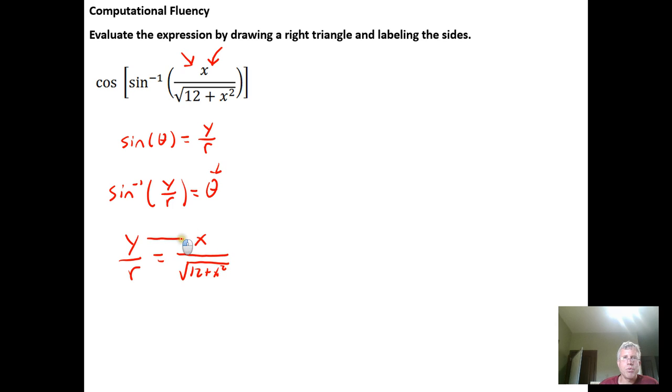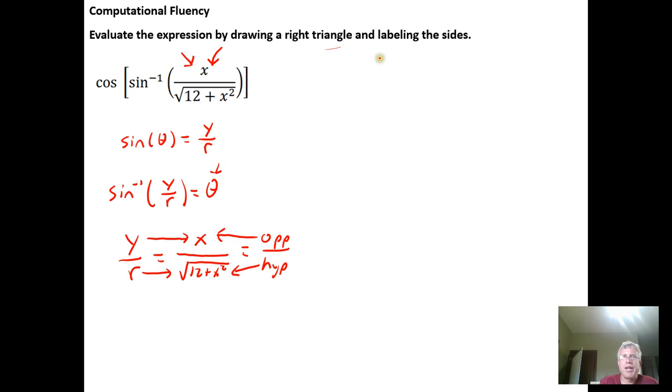So I'm going to let this correspond to my y and my r, or the other way I can think about it is sine has also been defined as opposite over hypotenuse. So this is going to be the side opposite my angle, and this is going to be the hypotenuse of my right triangle.